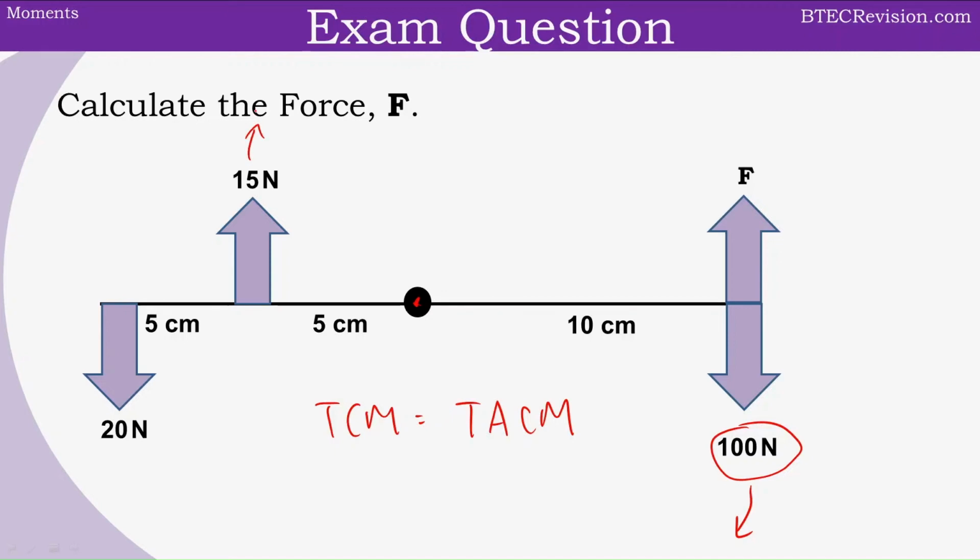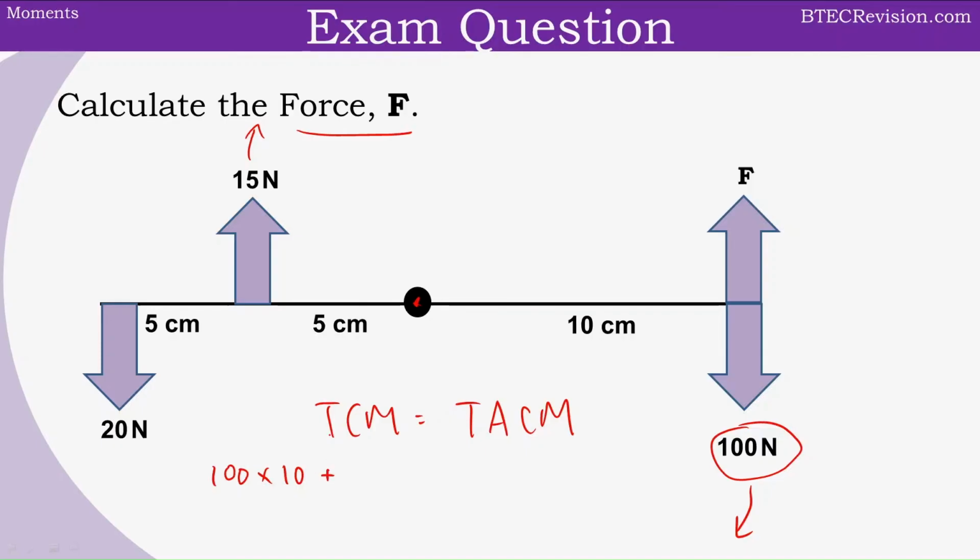So we can start by writing 100 newtons times 10 centimeters. We're going to leave the units in centimeters because on both sides they will cancel out, and we're working out force anyway. So if they cancel out on both sides, we'll still have force measured in newtons.